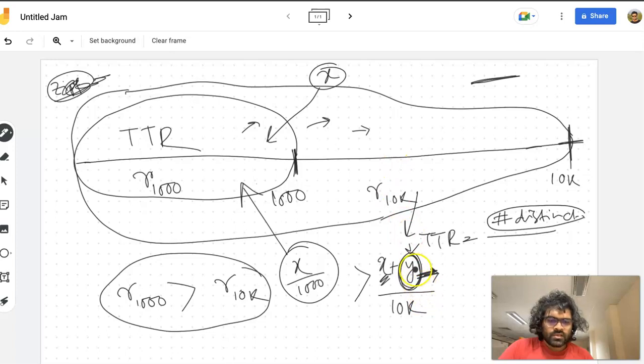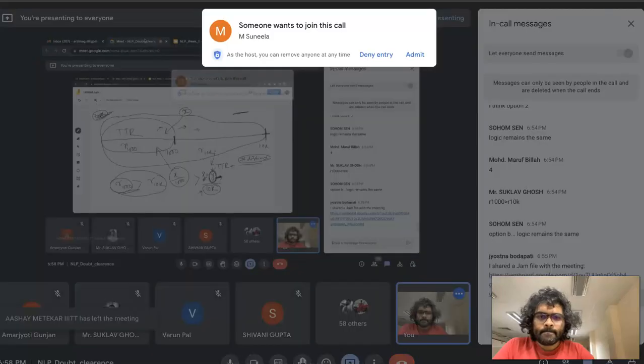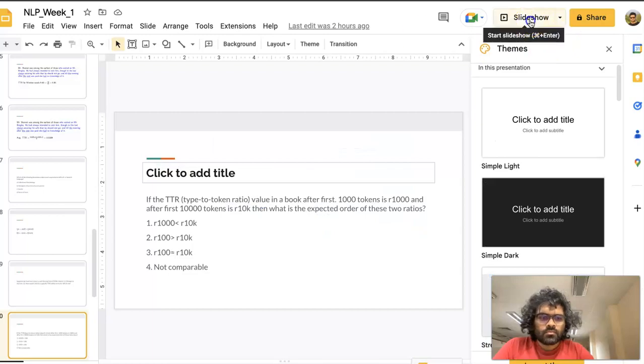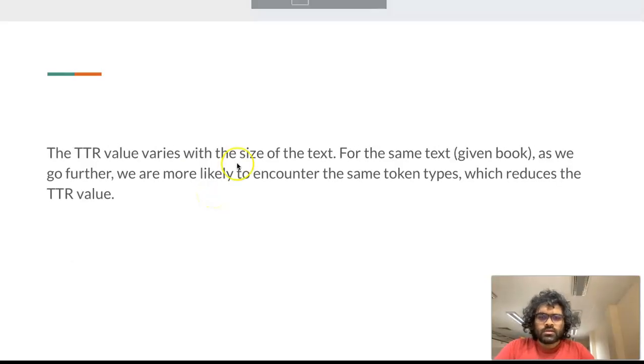So this ratio will be lower, and again we are dividing with a much larger value. That's why the ratio for R 10,000 will be higher than for R 10,000k. Yeah, so this is the justification.